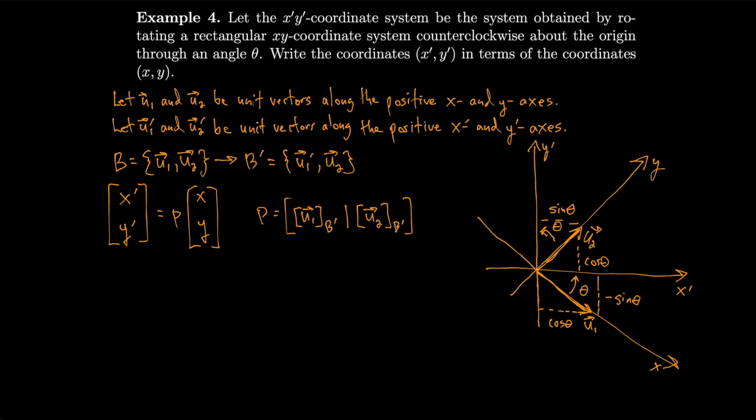Okay, so now I can write u1 in terms of B prime as cosine theta, minus sine theta. And I can write u2 in terms of B prime as sine theta, cosine theta.